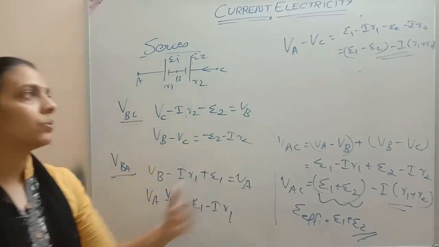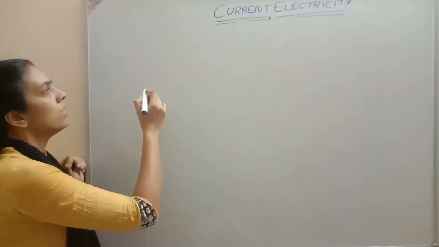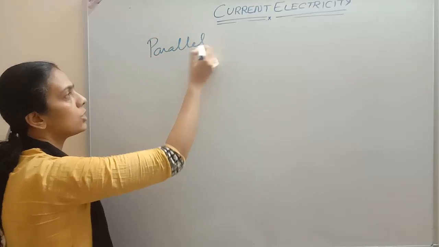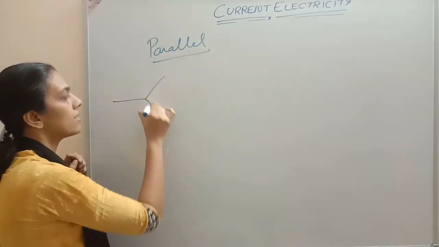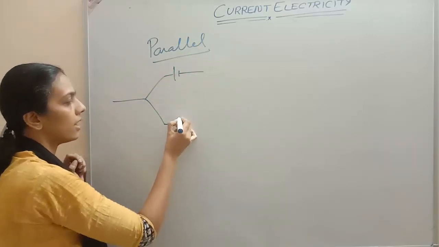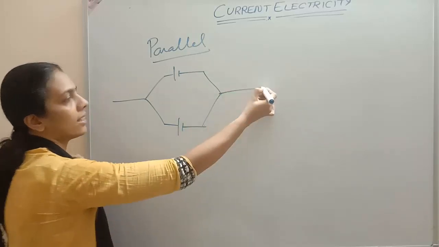Clear? So next we are going to study the parallel connection. Two cells are connected in parallel. So this is one cell like this, positive, negative, and here again positive, negative, and this is the parallel connection.